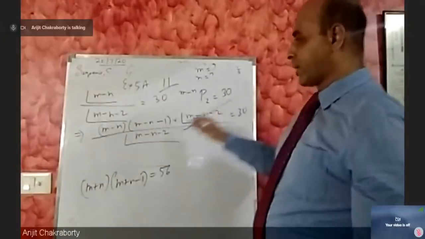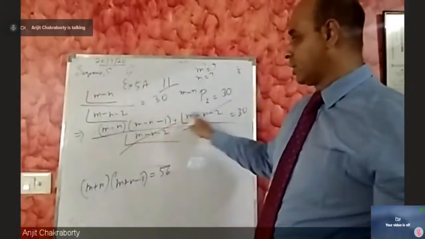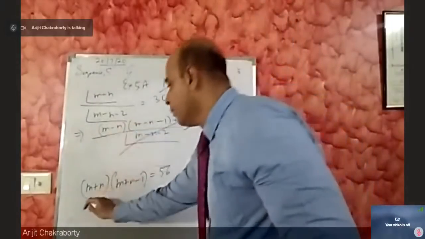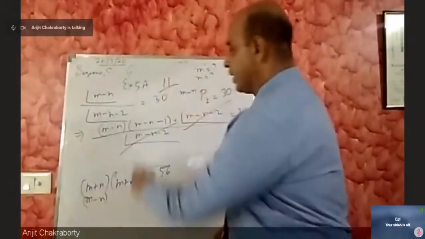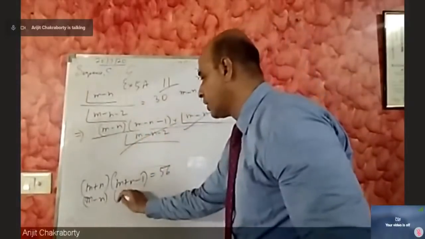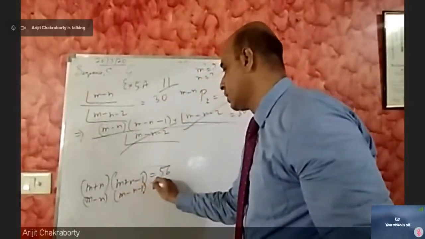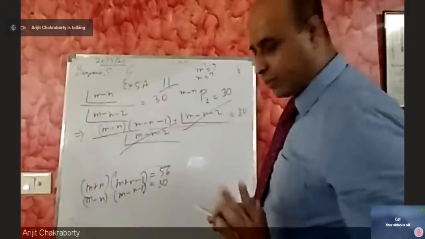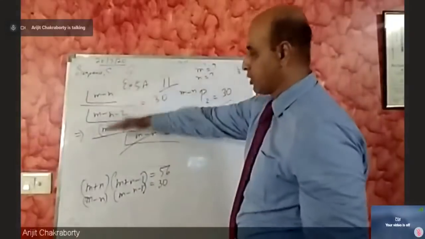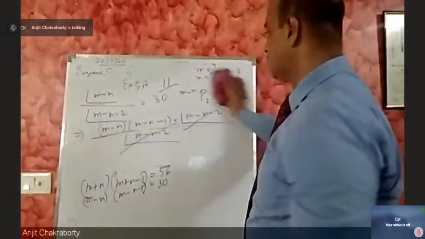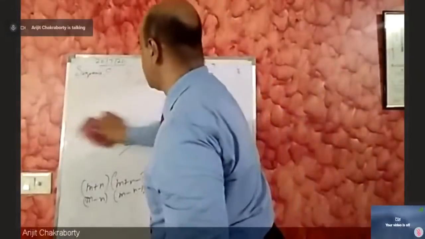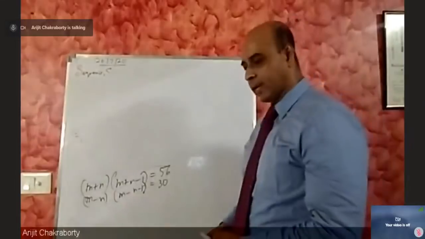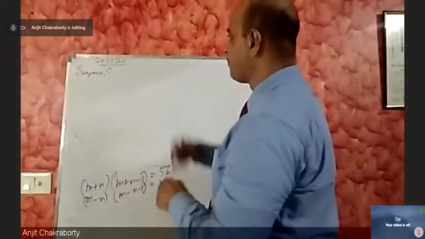The (m−n−2) factorial cancels out, so here you get the equation (m−n)(m−n−1) equal to 30. Please see the equation. So we have got two equations. I am rubbing this part again so that we can clearly see the way in which we are moving towards the solution.